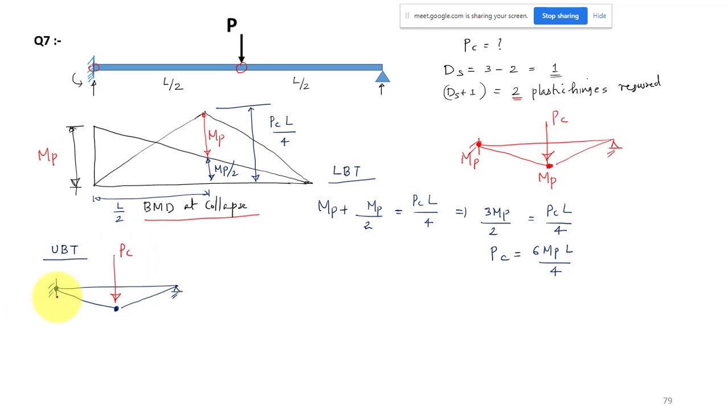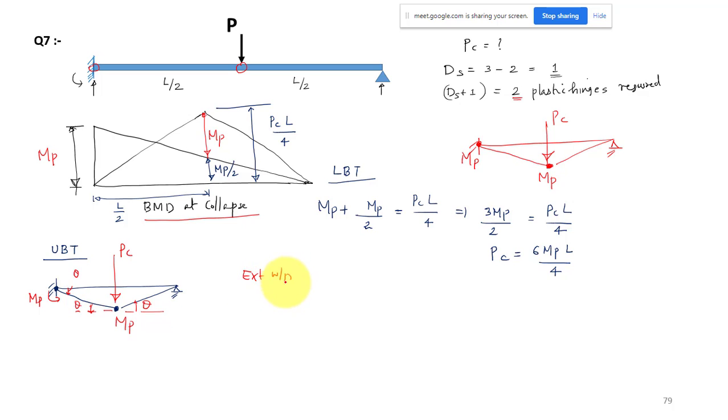Here I have MP and angle theta, and because this hinge is at the center, these angles are all theta.